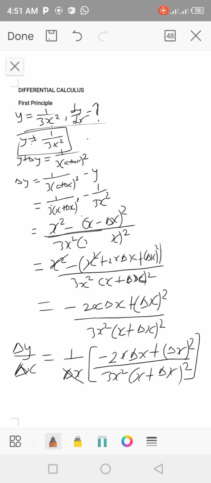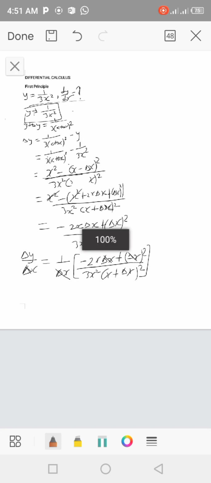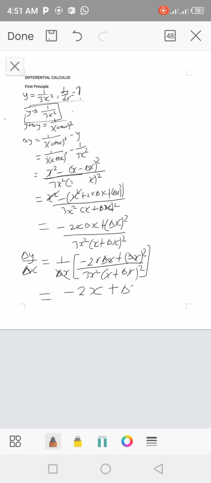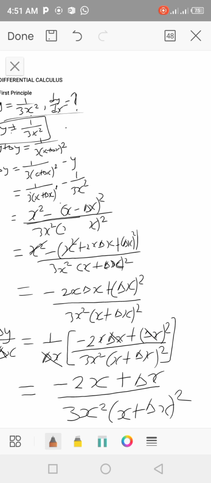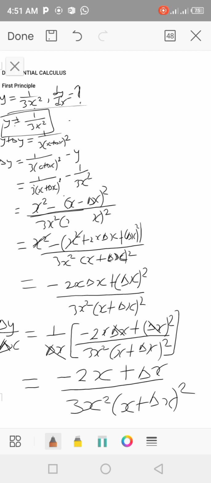So Δx cancels Δx. Now we have minus 2x plus Δx over 3x squared (x plus Δx) raised to power 2. So that is it.